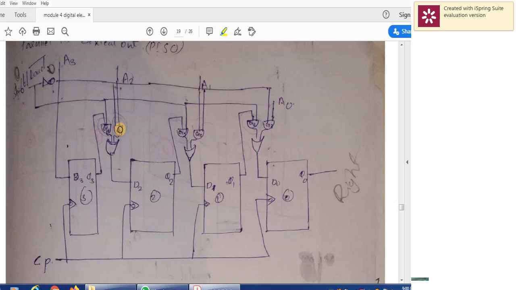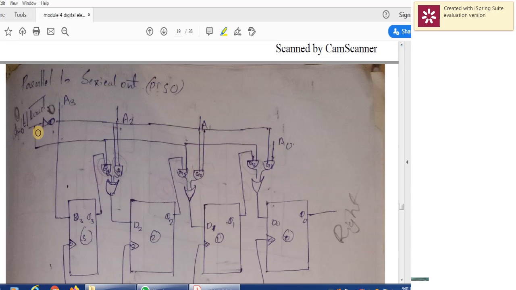But A2 is not connected directly; it is connected through the AND gates and OR gate to D2. Similarly A1 also goes through an AND gate and OR gate to D1, and A0 is connected to D0.